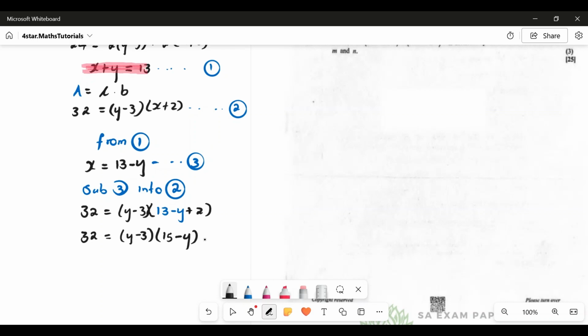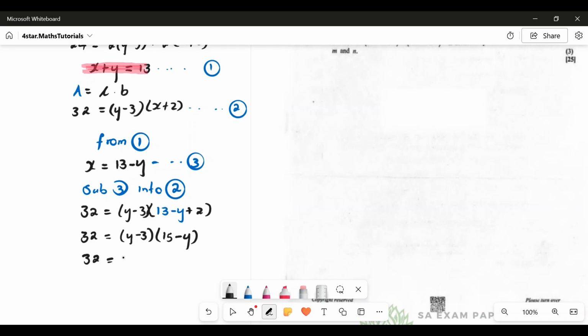So in the equation we no longer have x. We're having 32.